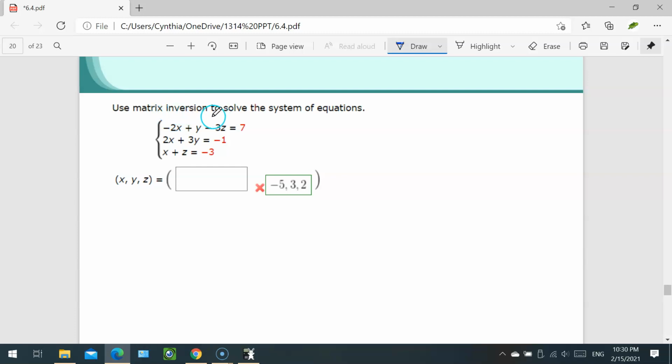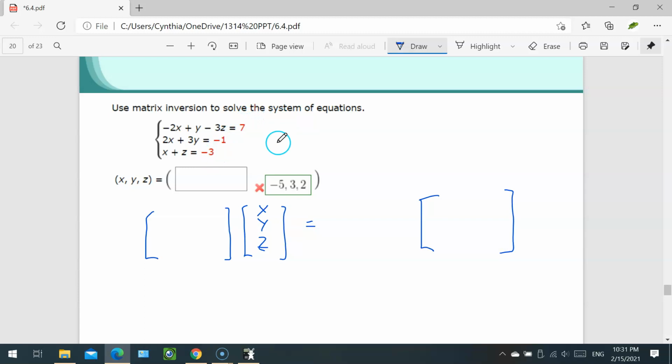Use matrix inversion to solve the system of equations. So we have X, Y, Z. That means we have 3 linear equations, right? So we need to create a matrix that multiplies with X, Y, Z that will equal the right-hand side result of the matrix.